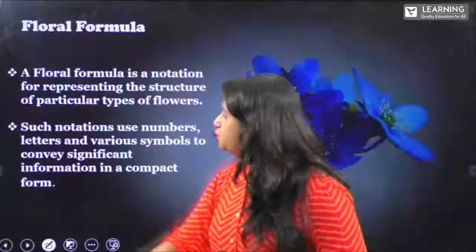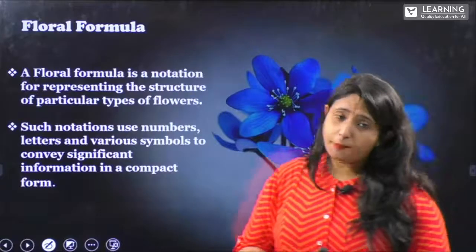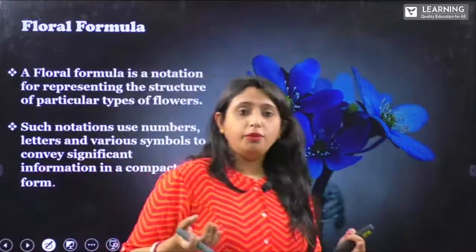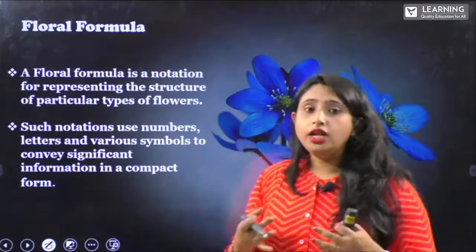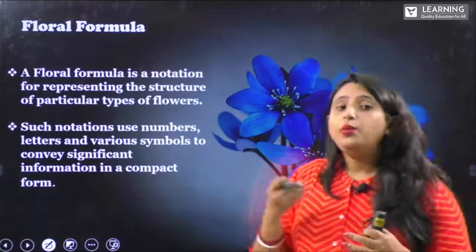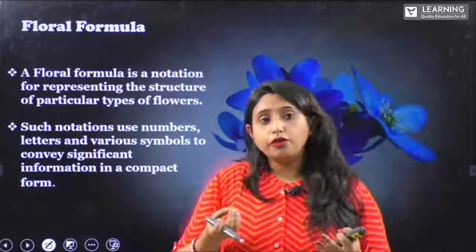Yes, next let us move into the floral formula, which is the last topic of this chapter. So what do you mean by a formula? We use different types of formulas in physics or in maths, right? But in case of flowers also, we can classify flowers with the help of a formula.